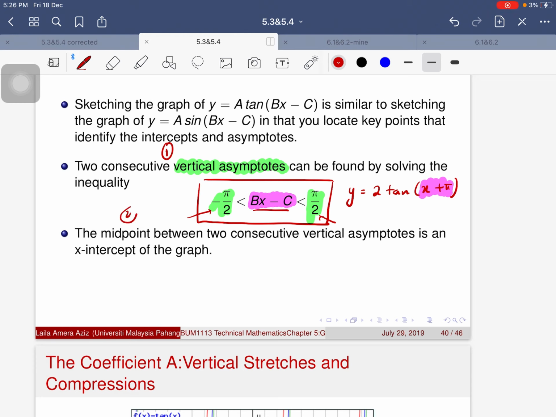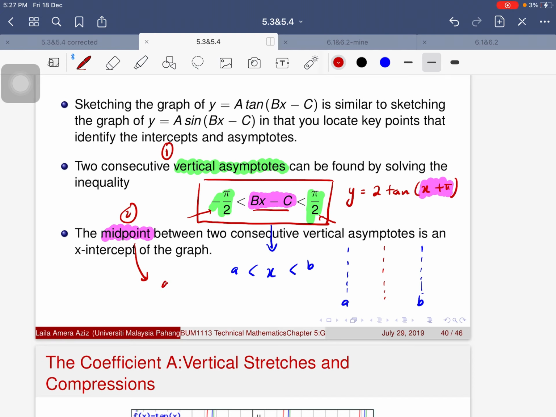The second characteristic that you need is the midpoint. You need to find the midpoint between the two vertical asymptotes. For example, let's say you calculated the asymptotes and you get two points, A and B, which are the vertical asymptotes. When you sketch, this is going to be A, and on this side this is going to be B. You also need another point, which is the middle point between the two.